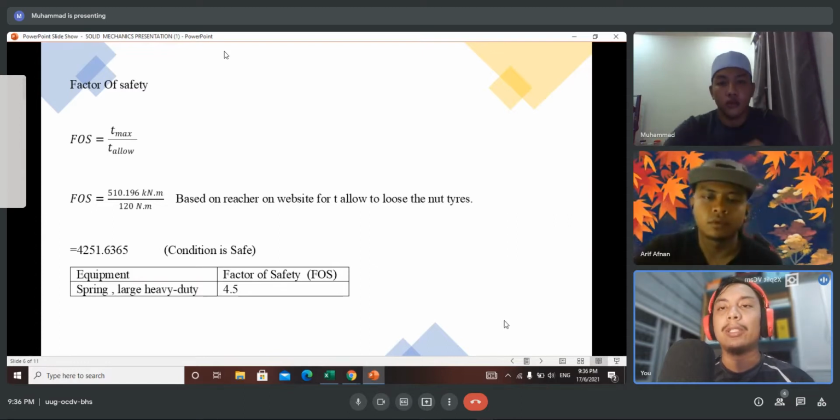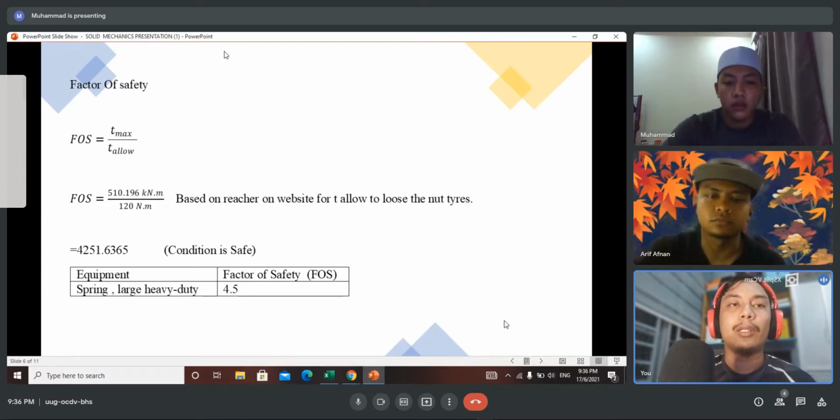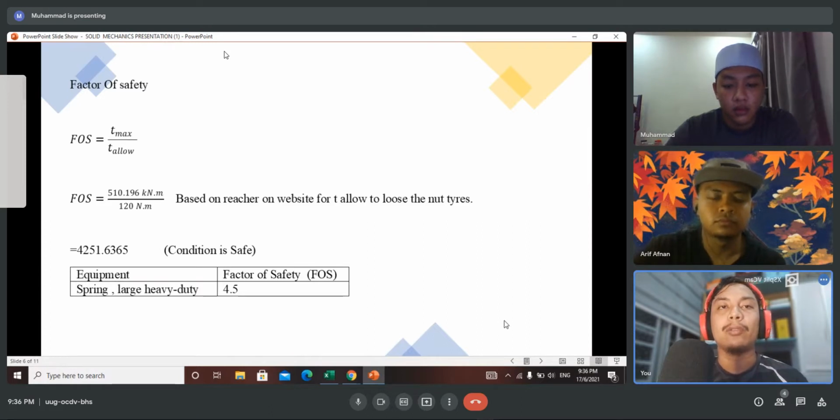From the table, for equipment spring large heavy duty, the FOS is 4.5, so the condition is safe. Next.